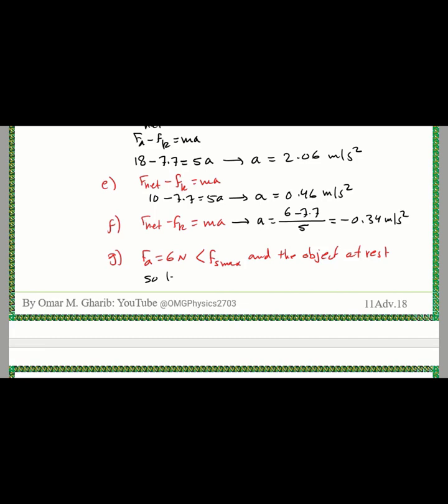So the object remains at rest in equilibrium. That means the acceleration should be 0, no motion.